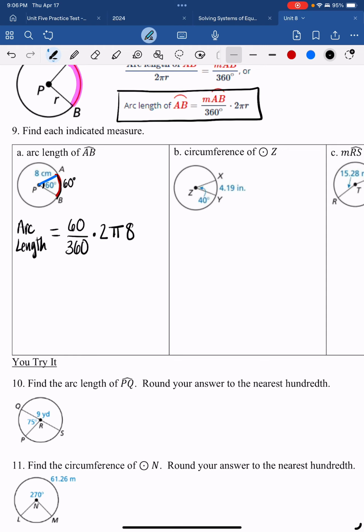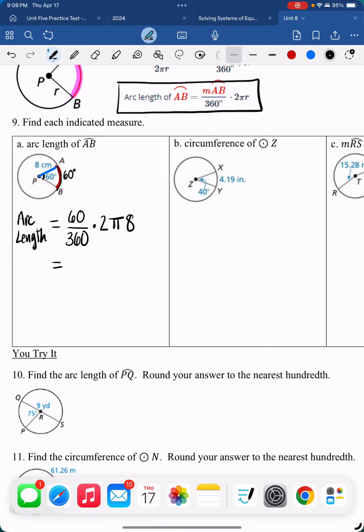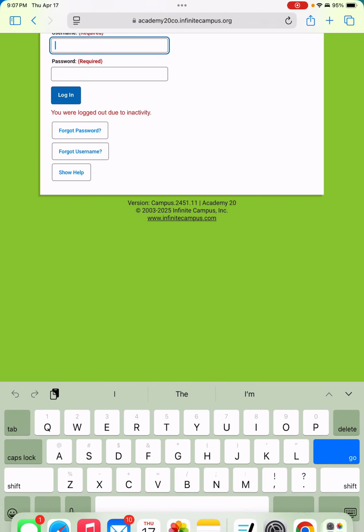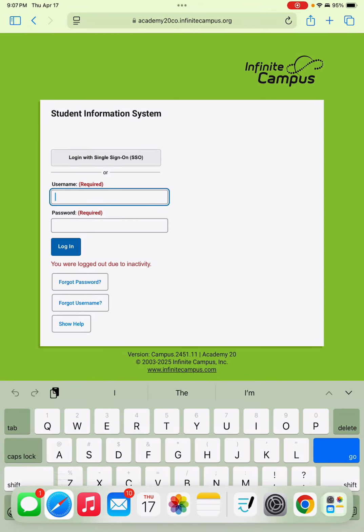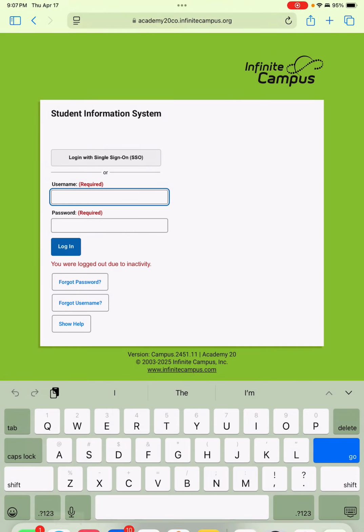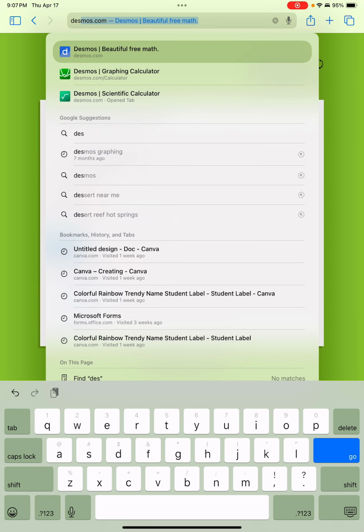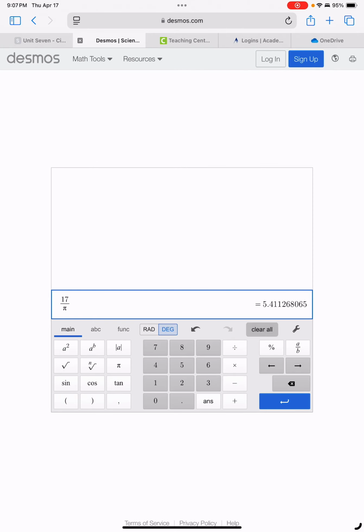What we can do next is use our calculator if we want to reduce the fraction. So we had the fraction 60 over 360.